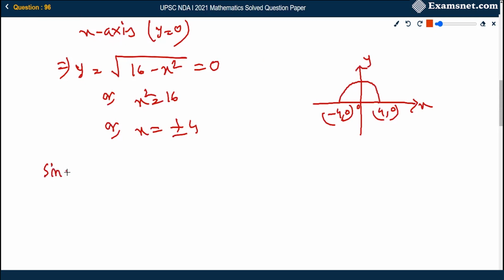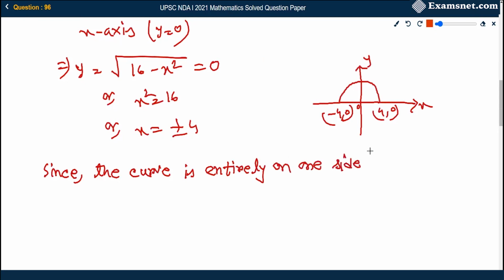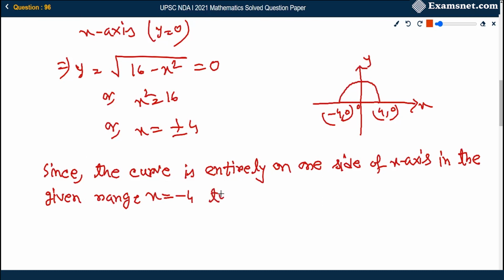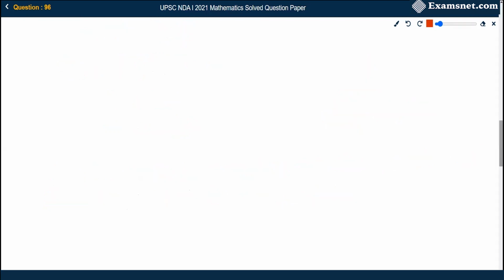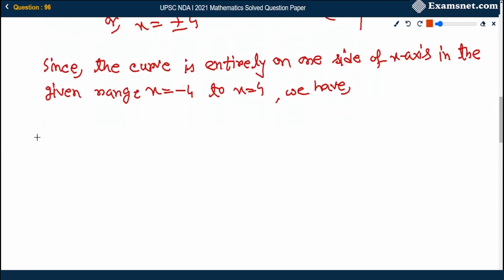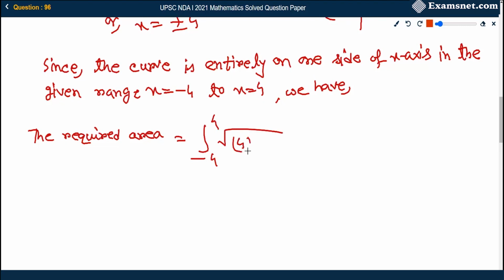Since the curve is entirely on one side of the x-axis in the given range, that is x equals minus 4 to x equals 4, we have the required area as the integral from minus 4 to 4 of square root of 16, which can be written as 4 square minus x square, dx.